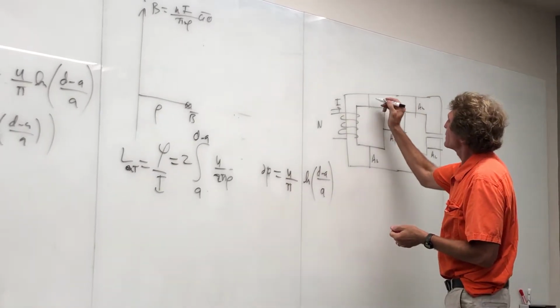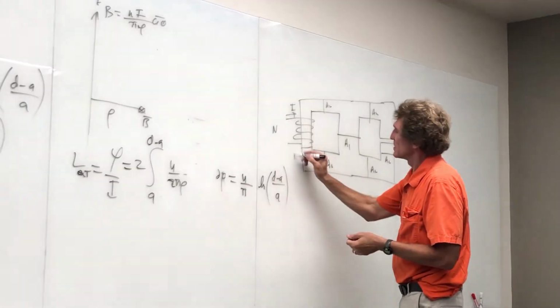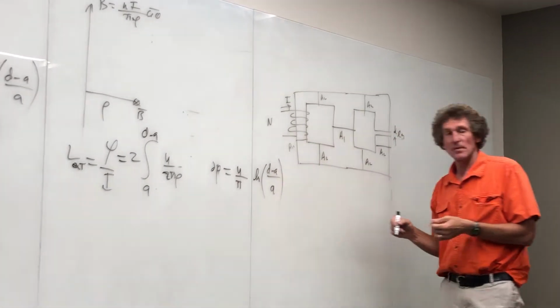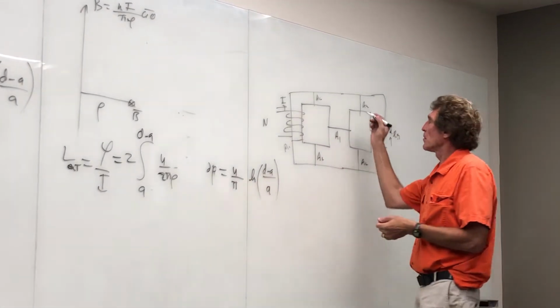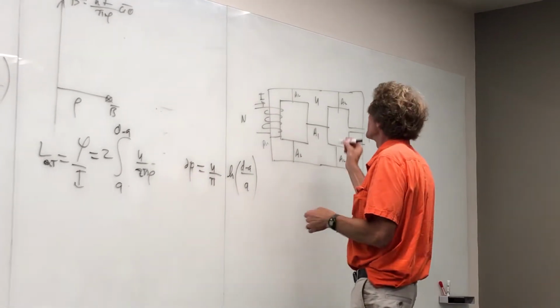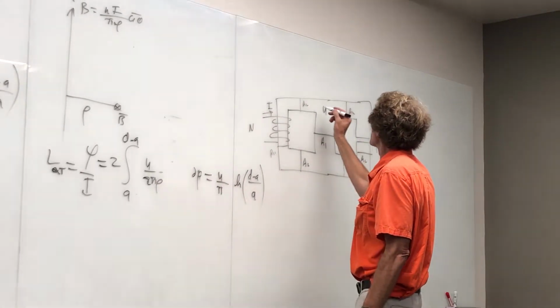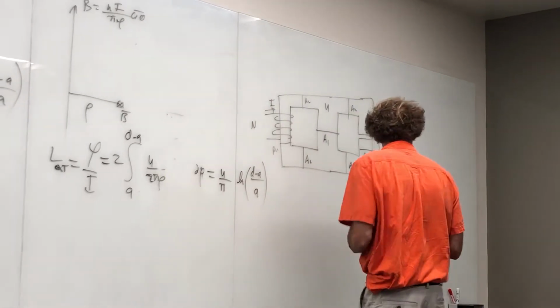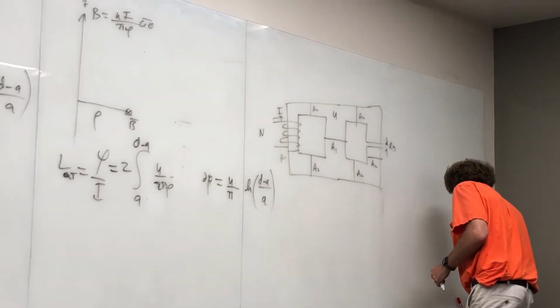More or less, everything is A2 in cross-section except the middle one, it's A1, all right? Assume the whole thing has a permeability of mu.